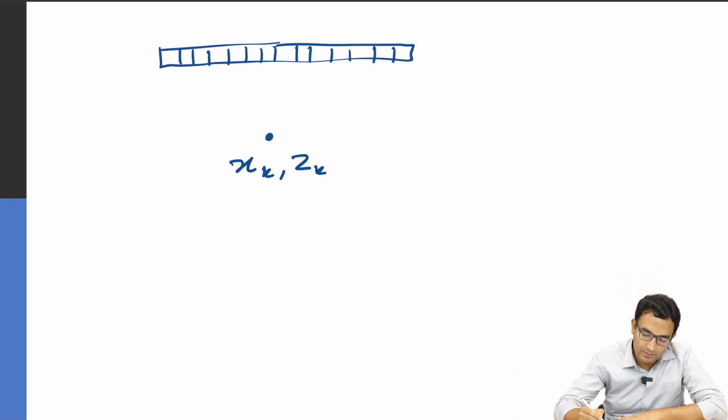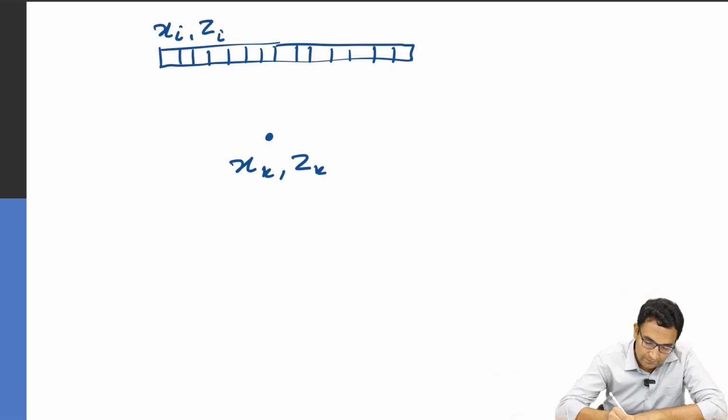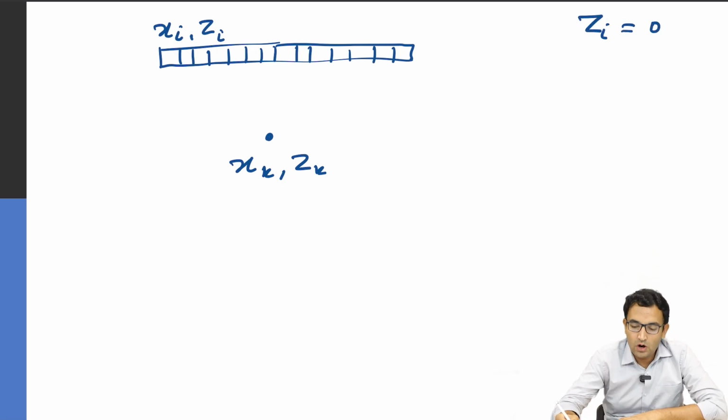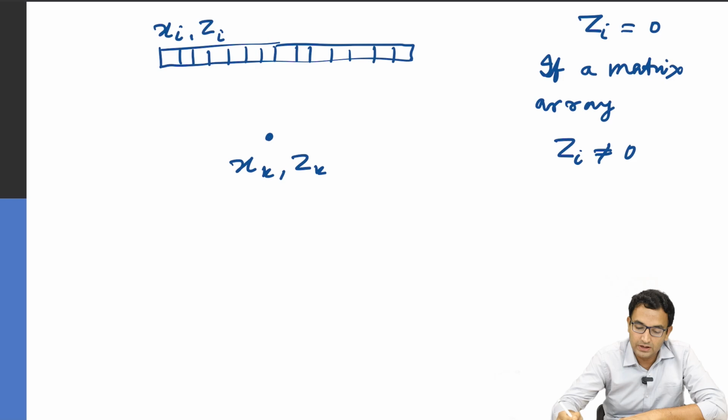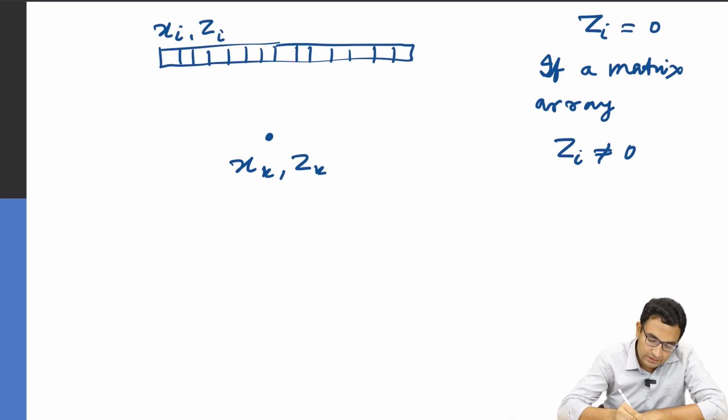So this coordinate is given by xk, zk, and the transducer coordinate is given by xi, and you can also say xi comma zi, but since this is a linear array transducer, it's a planar transducer, so zi is equal to 0. If non-planar, for example, if it is a matrix array, then zi will not be equal to 0. Okay, but in this case zi will be 0, so I am gonna replace this by 0.